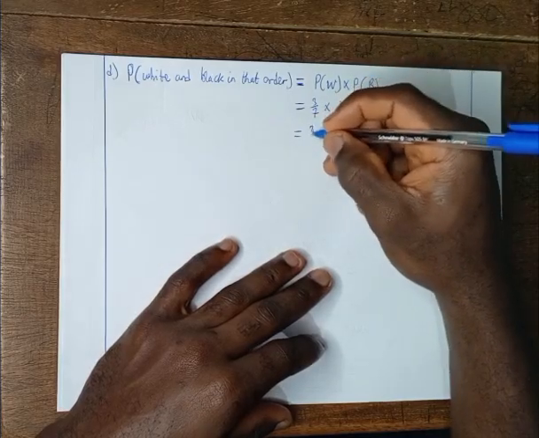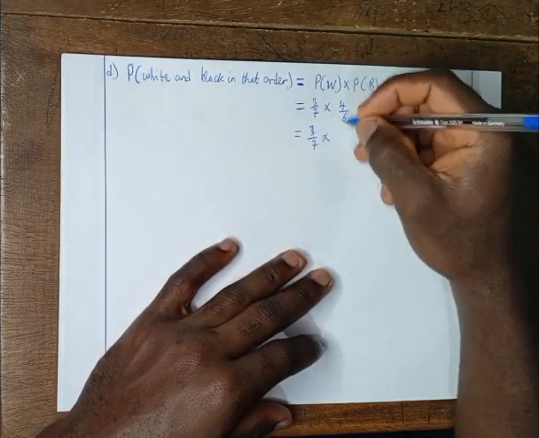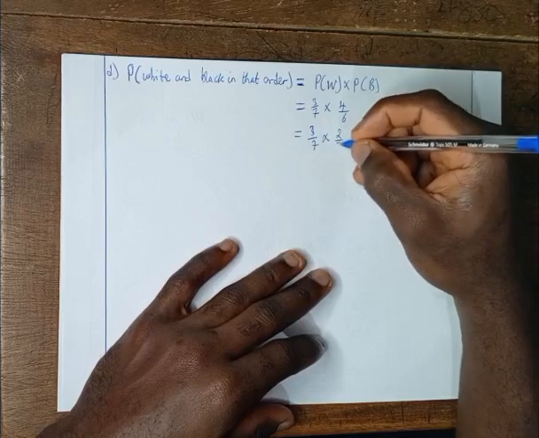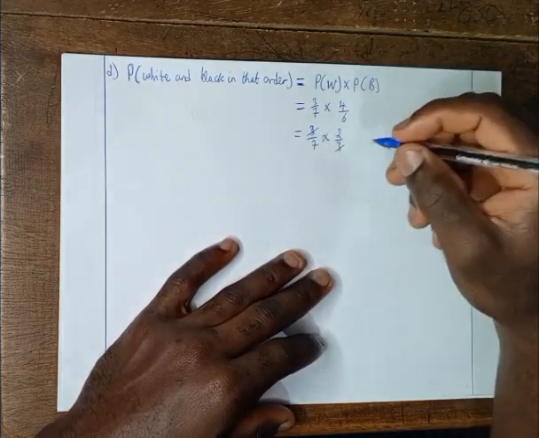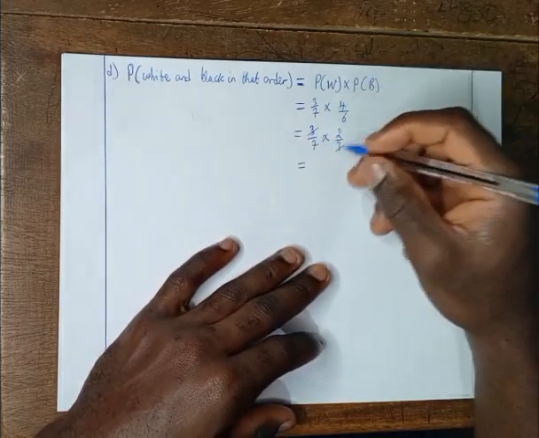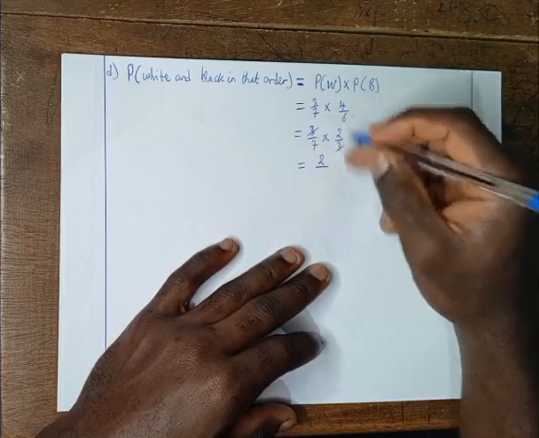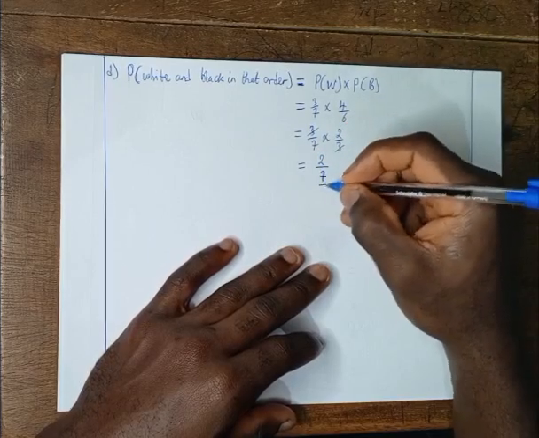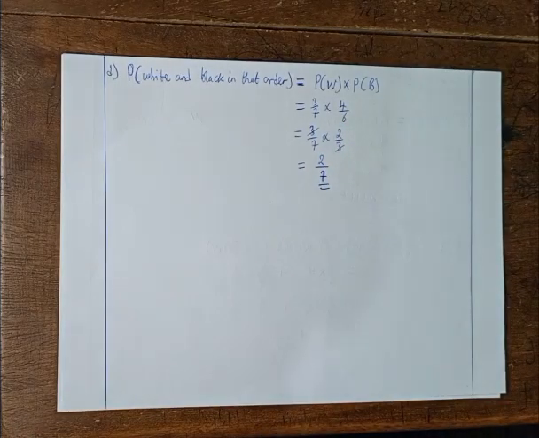This will simply give us 3 over 7 times, we can simplify this, 2 over 3. 3 will go here. 1 times 2 remains 2 over 7 times 1, 7. So this will give us a probability of 2 on 7. And we are done with the correction of the questions.